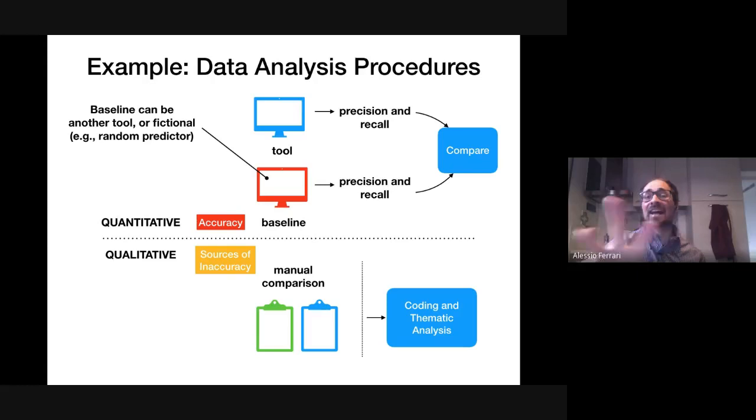This is the typical analysis that you do for any quantitative evaluation. For qualitative, you do the manual comparison, and again, you perform coding and thematic analysis by taking the information from the different subjects.